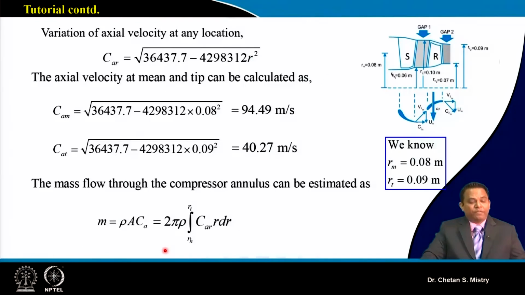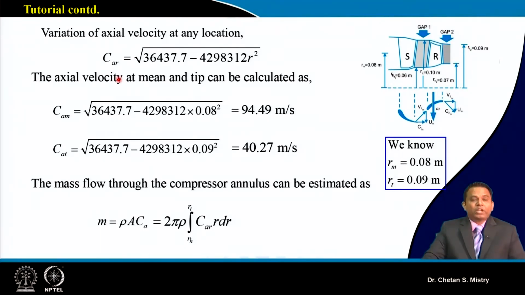So here, this is my variation of axial velocity that we are writing. Okay. Now we have different radii which are known to me. If we consider at the hub my radius is 0.07 meter, at the midsection my radius is 0.08 meter, and at my tip my radius is 0.09 meter.